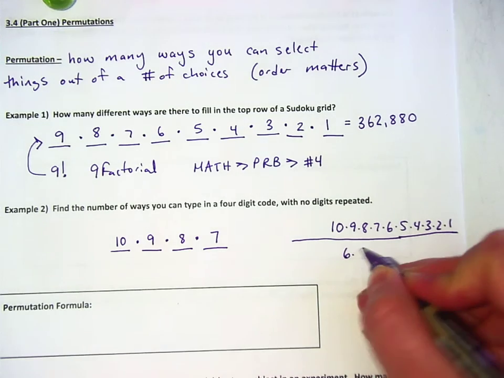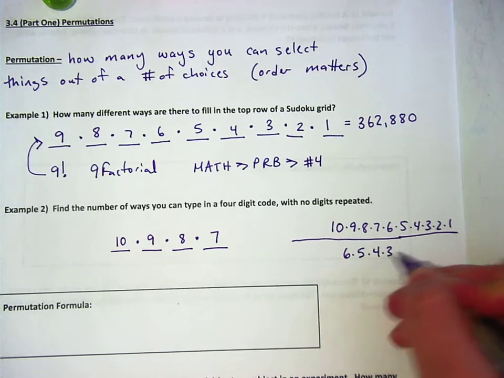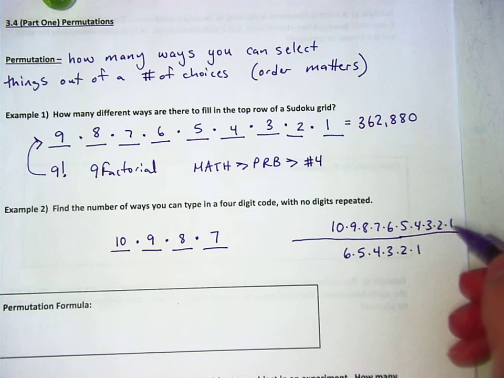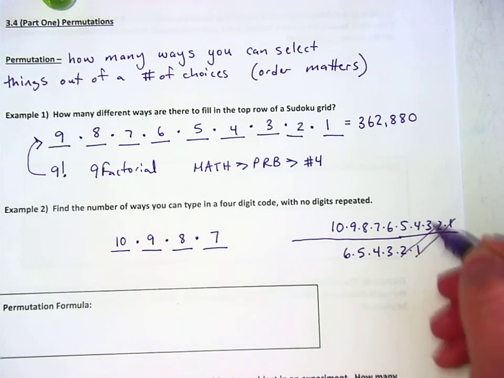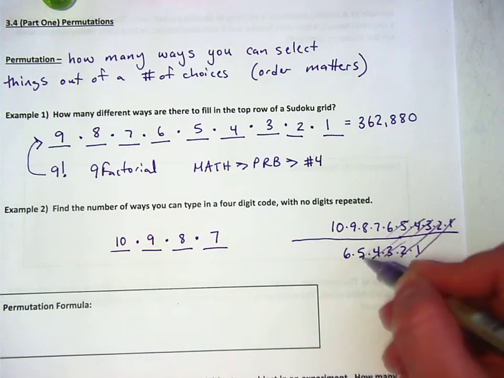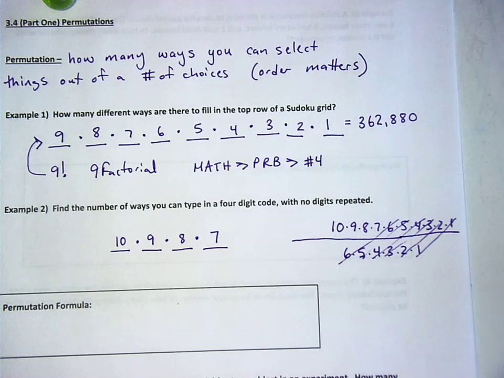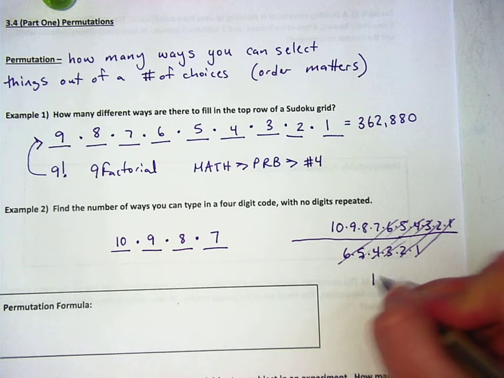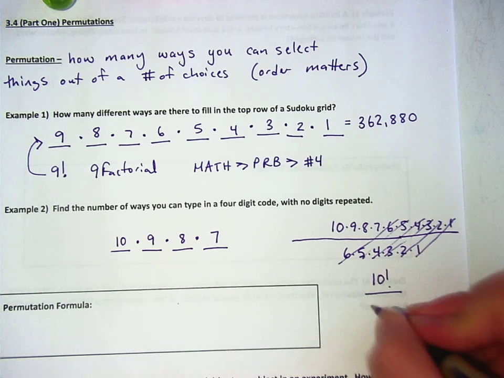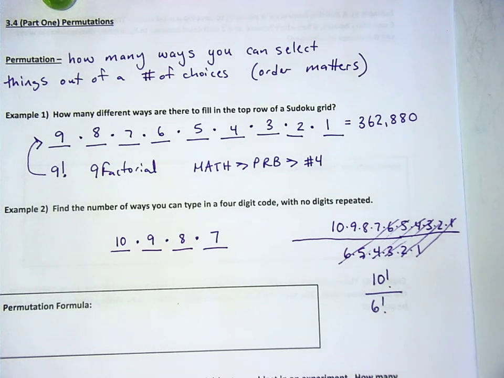I want to get rid of the 6 and the 5, the 4, the 3, the 2, the 1, right? Do you see how if I put that on the bottom, that would cancel it out? And I'd be left with what I want. So what could I put in my calculator to make this work? The top is 10 factorial, right? What's the bottom? Everybody try in your calculator, try 10 factorial divided by 6 factorial.